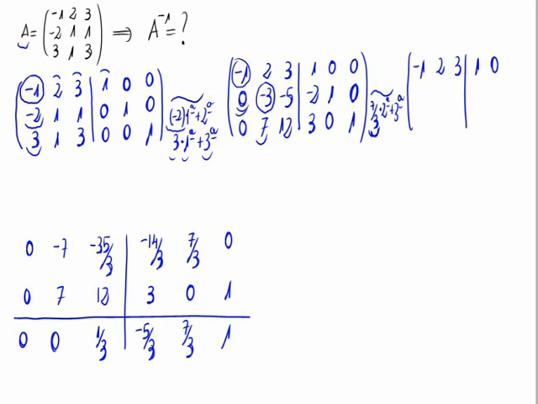Now here, the first row, as it does not intervene, we copy it. The second row, as it is the one that makes the zeros, we copy it too. And the third row is here.